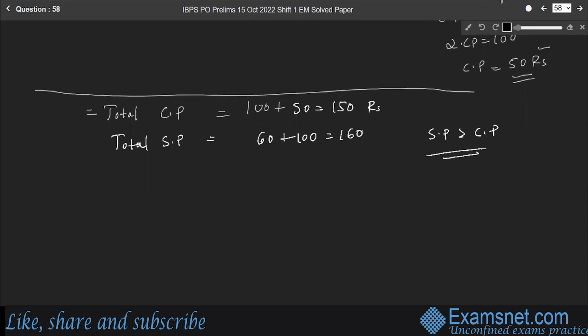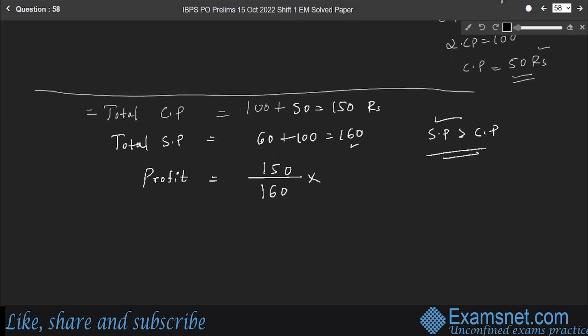So therefore, profit is equal to... here the selling price is greater than the cost price. 160 is greater than 150. So for a 160 selling price, the cost price is 150, right?